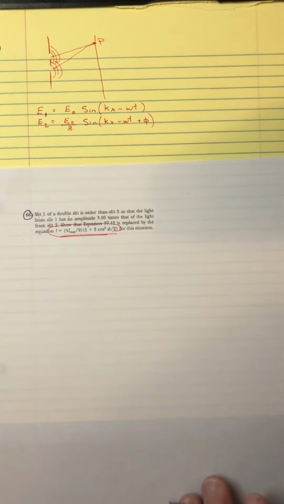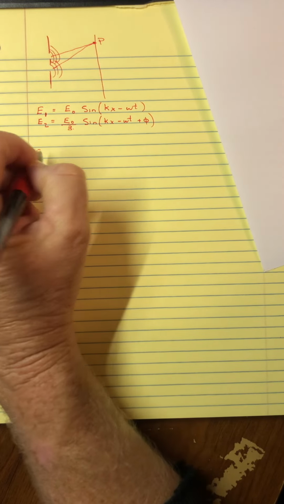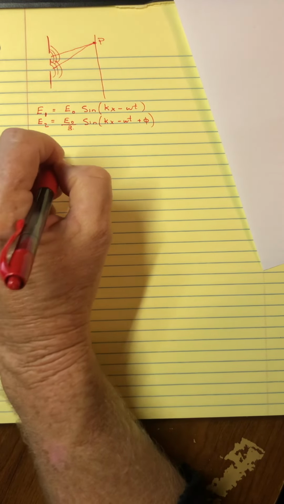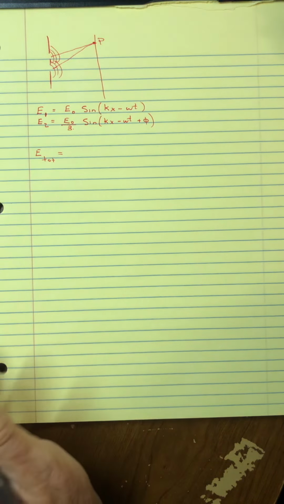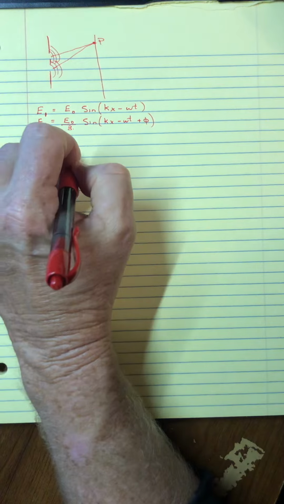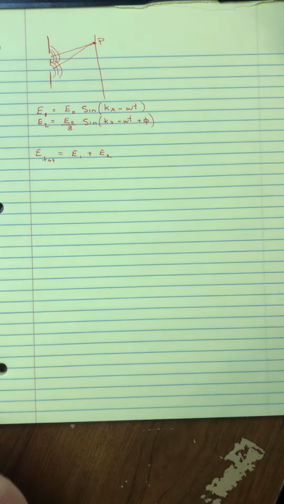Okay, so let's actually then see what the total electric field would look like when you added these two waves together. So this is that principle of superposition, and it just says add wave 1 with wave 2.